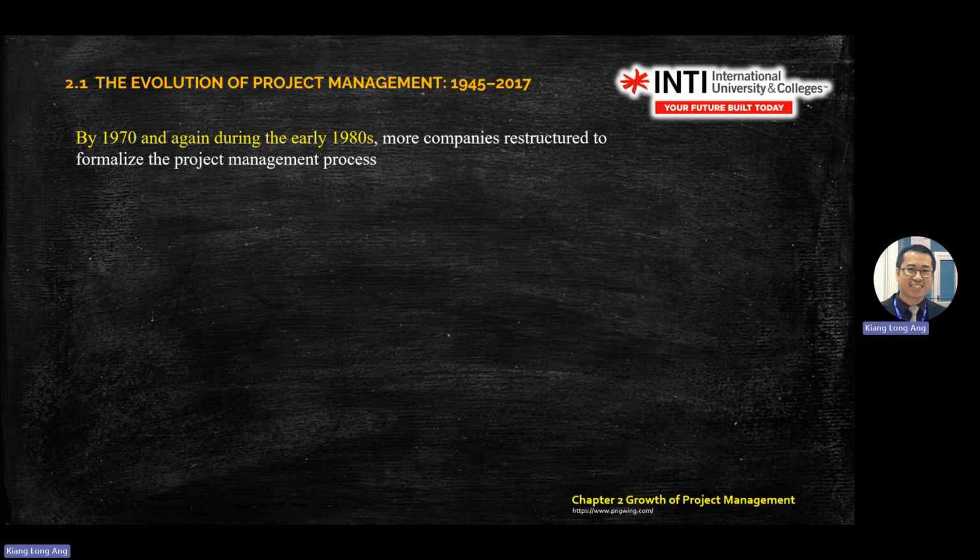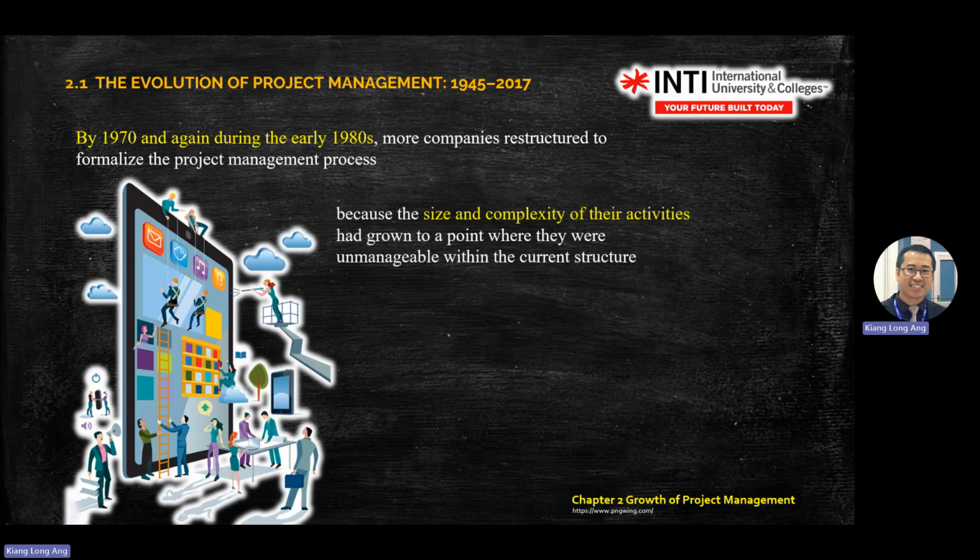Then in the 1970s and 80s they formalized project management, because by the 1960s and 70s they had started the industrial era already. People, factories, lots of countries started to have this industrial revolution. More and more projects were coming in after the war, as countries needed to rebuild. So the size and complexity of the projects became more and more severe.